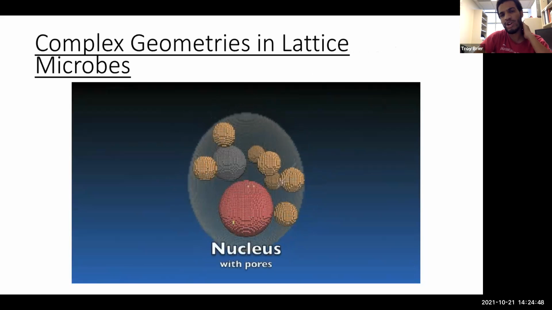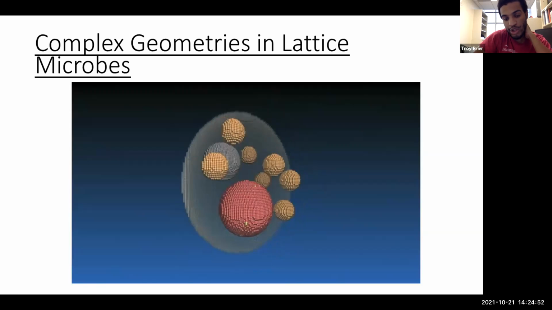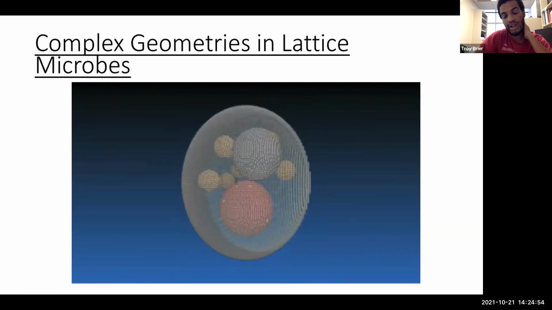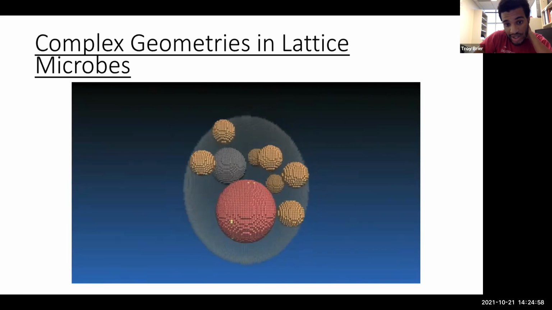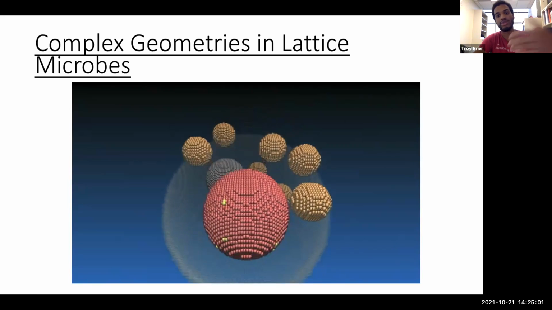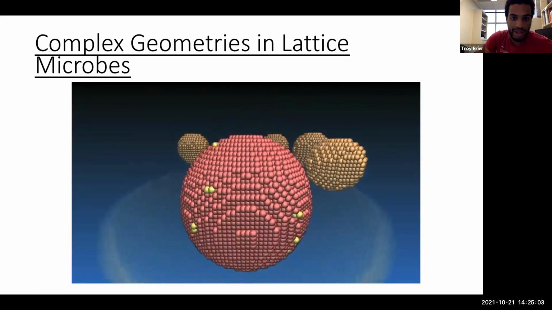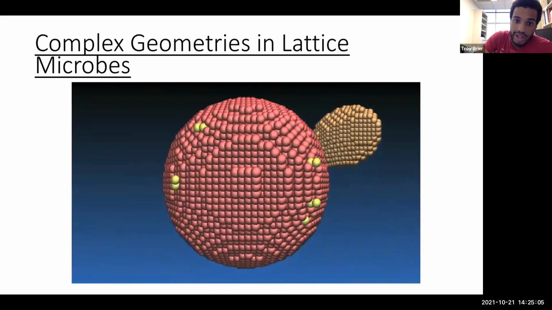I don't believe in LM 2.3, which you'll use today, you're going to be able to look at anything in VMD, but with later releases there's a plugin that allows you to look at these simulations in VMD, which is how this was generated.